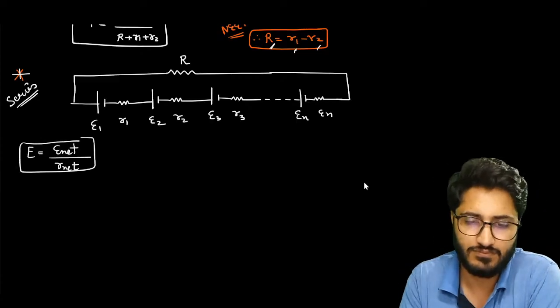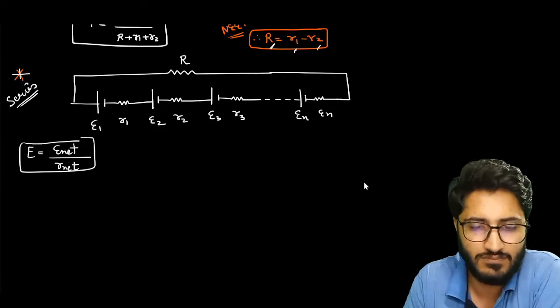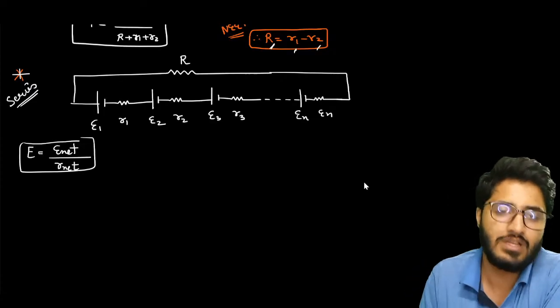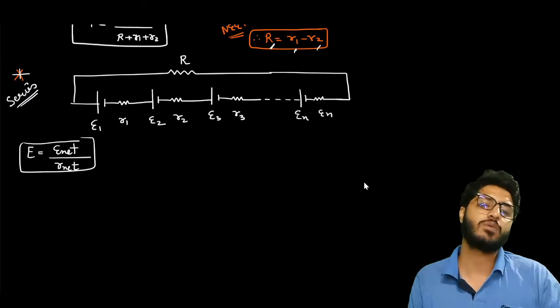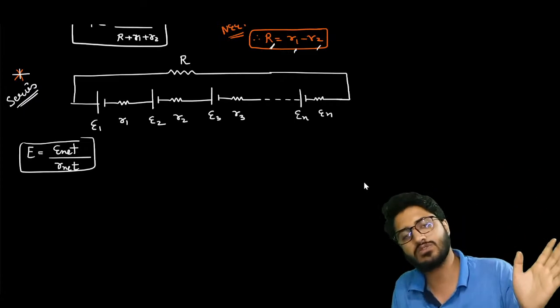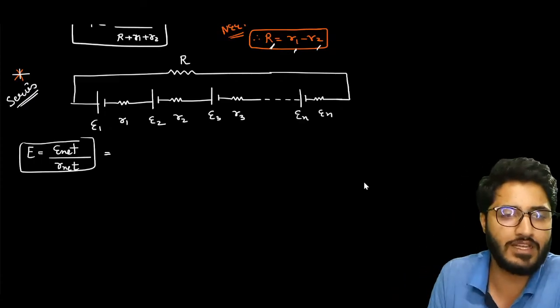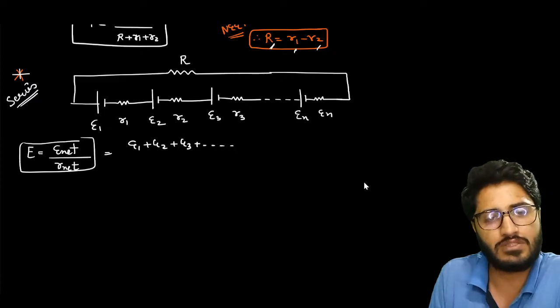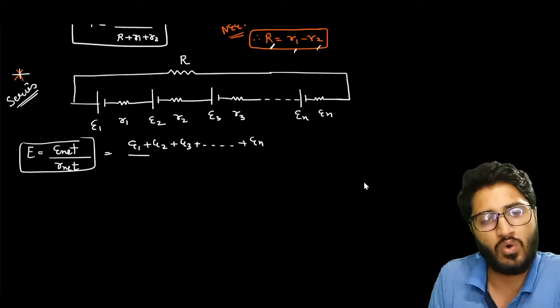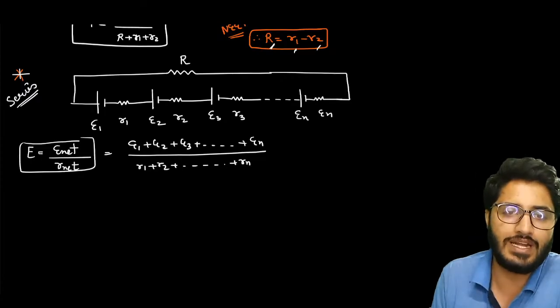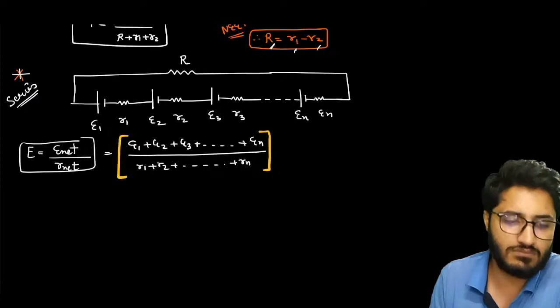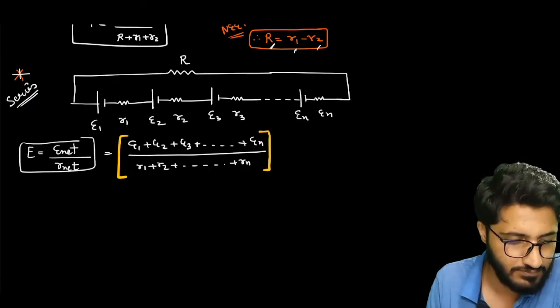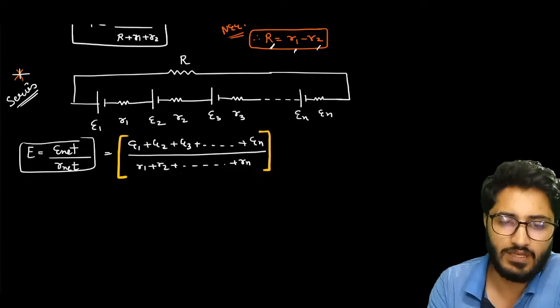Clear now? You can see we have R1, R2, R3, R4, R5, and so on. So you will write E1 plus E2 plus E3 plus so on up to En, whole divided by R1 plus R2 up to Rn. You need to write in this way. Okay, easy now.